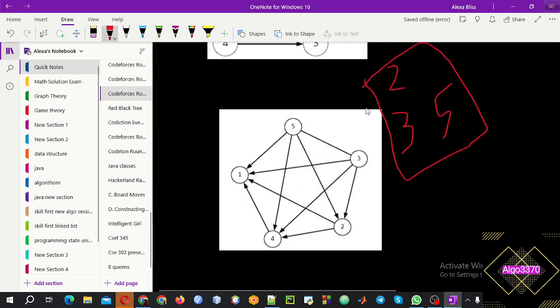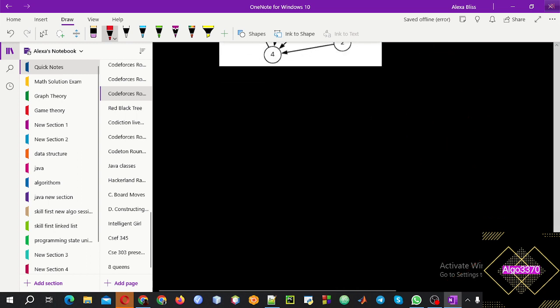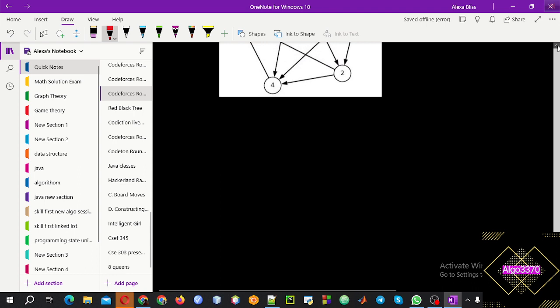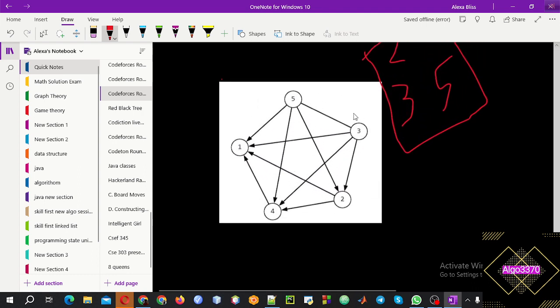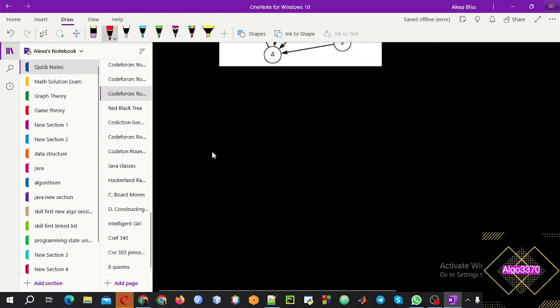So we do not need to build this graph. We do not need to do any calculation to build this graph. We will just have to consider the condition they give us. The mouse is laggy, sorry for that.